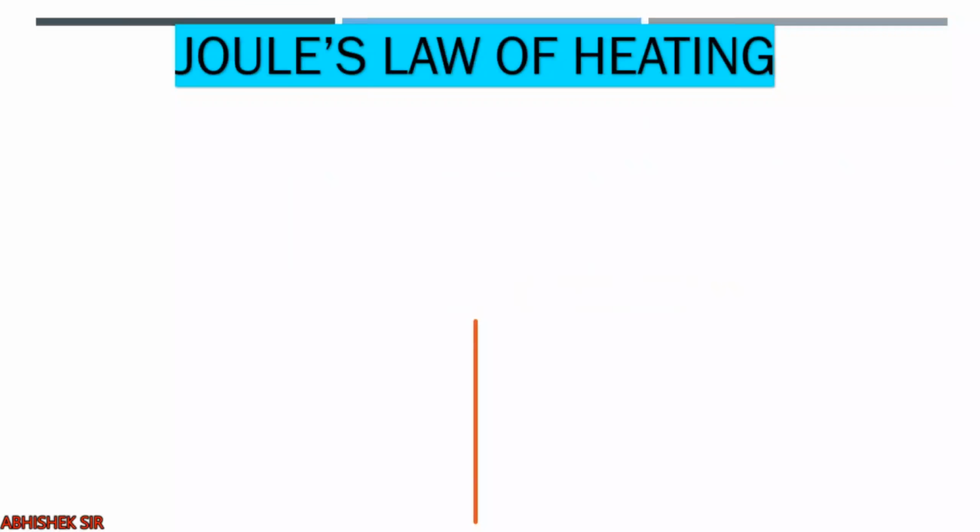Now let us derive the formula of Joule's law of heating. Joule's law of heating is nothing but a relation between current, resistance, time, and so on. So it is not actually a law of heating, it is actually a relation or an equation or a formula that gives us the amount of heat energy.